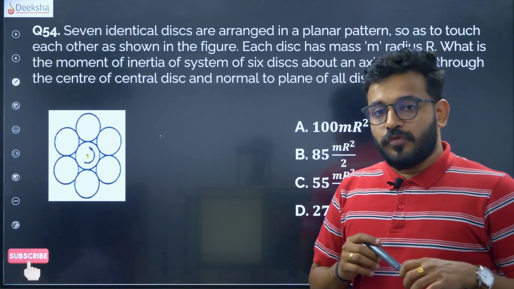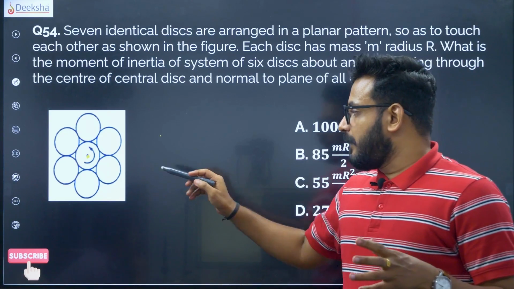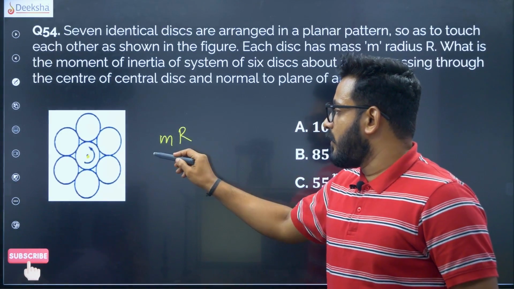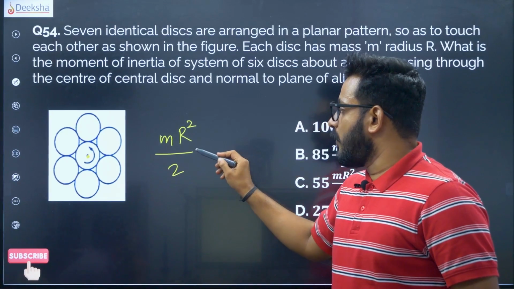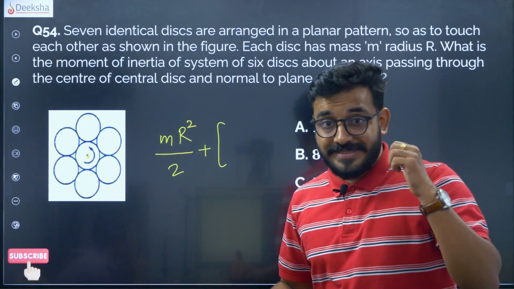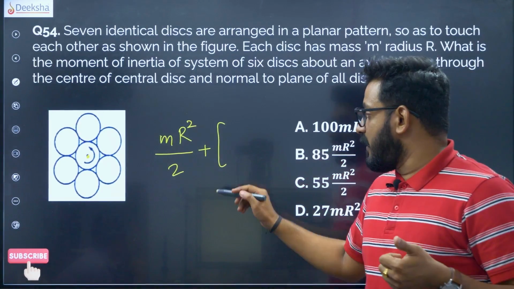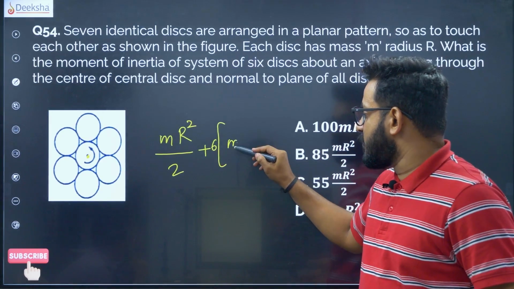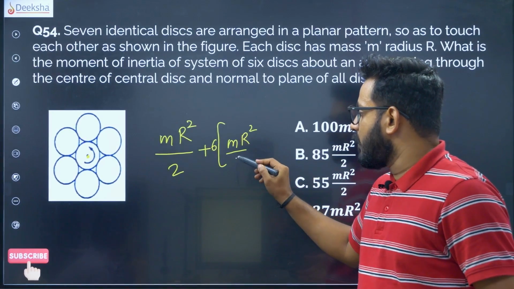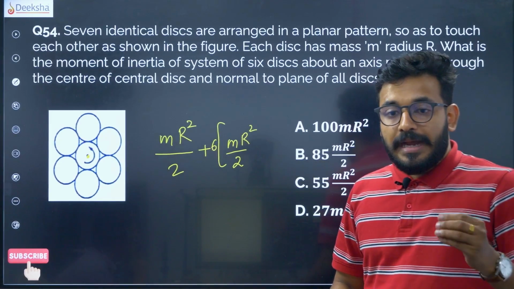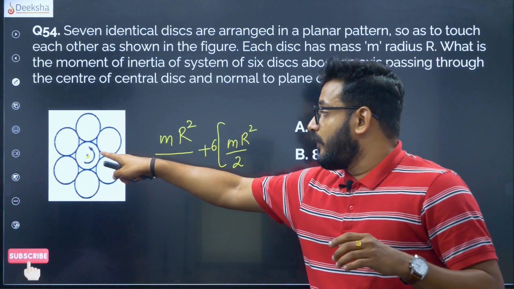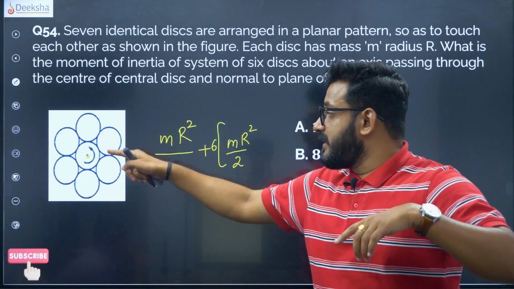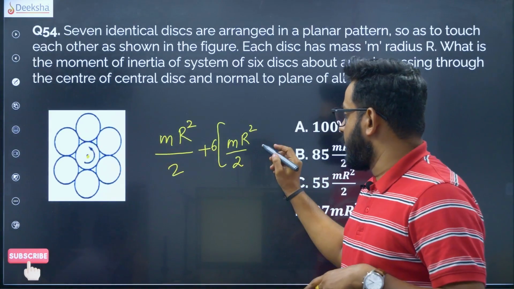Alright. So the final moment of inertia will be the sum of the moments of inertia. You have mr square by 2, plus you have 6 masses. Each of them will have their own mr square by 2, and their own term for the position of the mass from the actual axis. Each of them is away by r plus r, that is 2r.